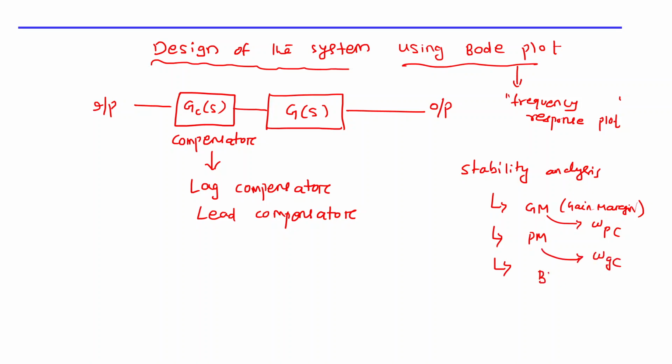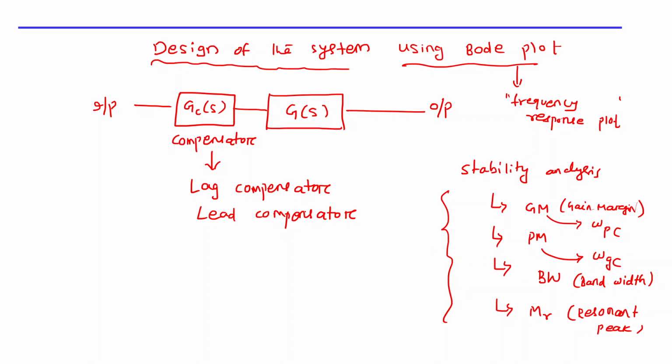You need to find out the bandwidth of the system, this is the bandwidth. You need to find out the resonant peak Mr, which was already discussed in the lecture series. These are the things you need to find out using the Bode plot analysis.